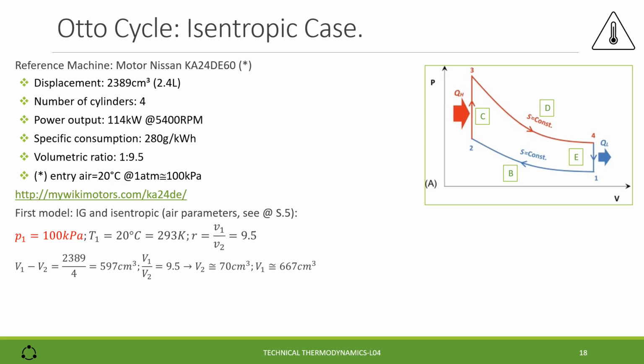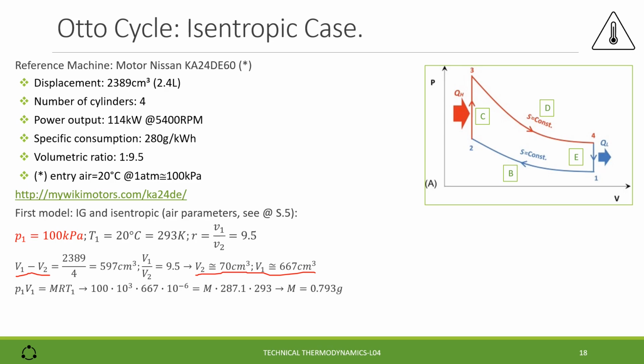Knowing the displacement divided by 4 because the cylinders are 4, we can express the difference of the volumes of states 1 and 2, and we have two equations in two unknowns, and we can solve them, finding for the volume of state 2 70 cubic centimeters and for the volume of state 1 667 cubic centimeters.